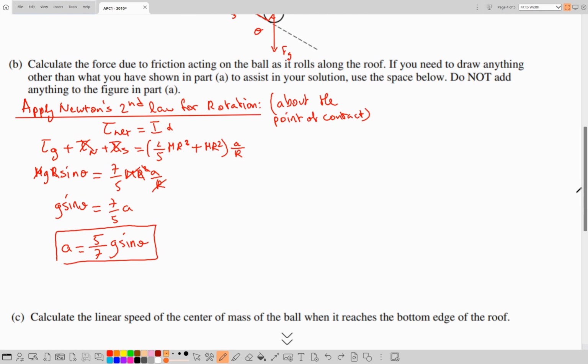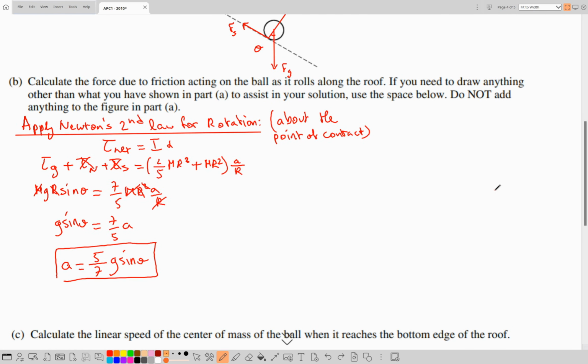And now again we're going to apply Newton's second law for rotation, but in this case we're going to apply it about the center of the sphere in order to eliminate the pull of gravity and the normal push, and the surviving term would be the static friction. So apply again Newton's second law for rotation, but in this case about the center.